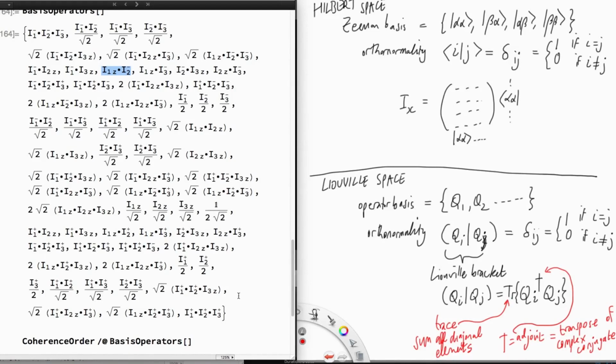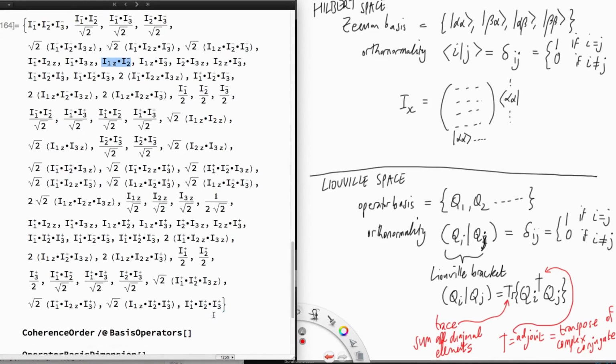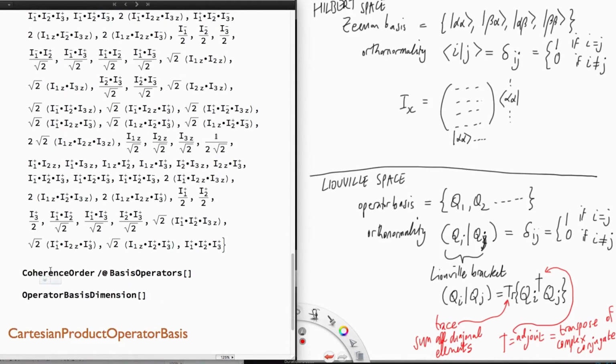But the nice thing is that those operators have been set up for you, so they're already orthogonal and already normalized. And furthermore, they've been sorted, so they're in a nice arrangement with respect to coherence order. So if we take the coherence order routine, this is mathematical language for mapping a function onto a list. This says for all of those basis operators, for each of them, apply coherence order.